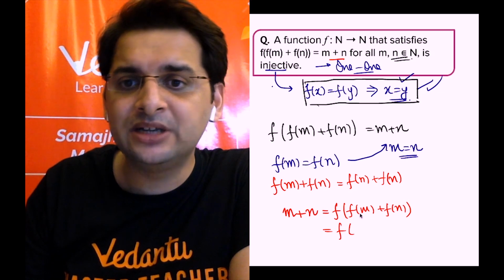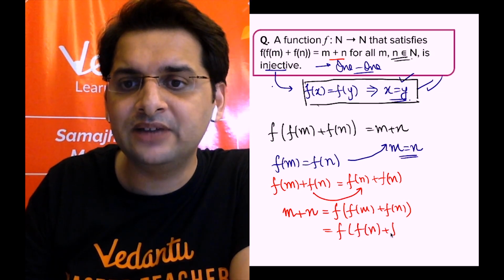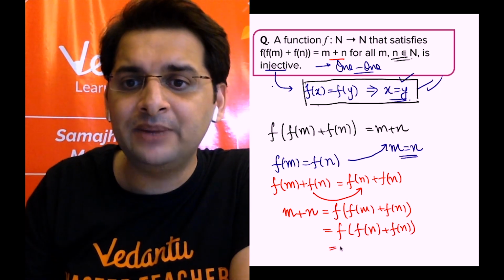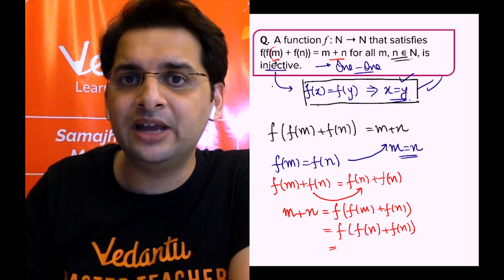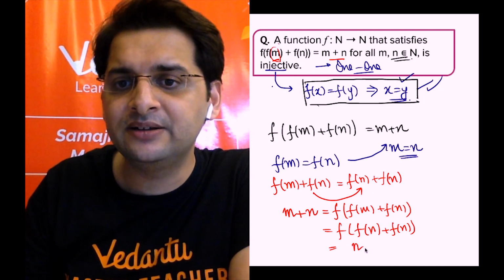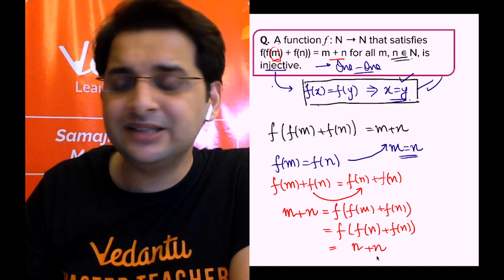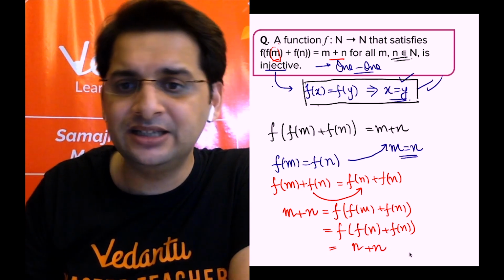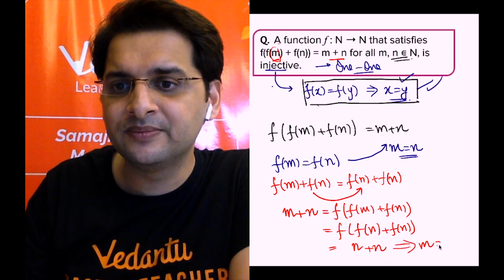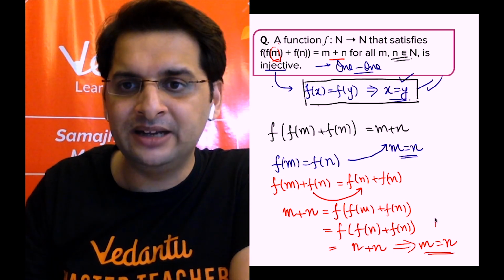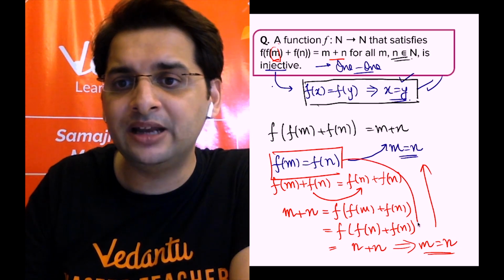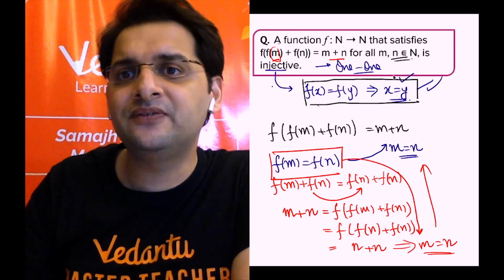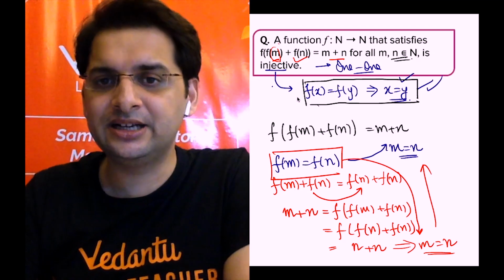And since f of m is equal to f of n, I can use this, so this would be f of n plus f of n. And by definition of the function, because this is true for all natural numbers, if I put m as n here, this would be n plus n. So m plus n is n plus n. And if I cancel these two, I get m is equal to n. And hence this has been proved. So by using f of m is equal to f of n, I have proved that m is equal to n. So indeed the function is injective in nature.